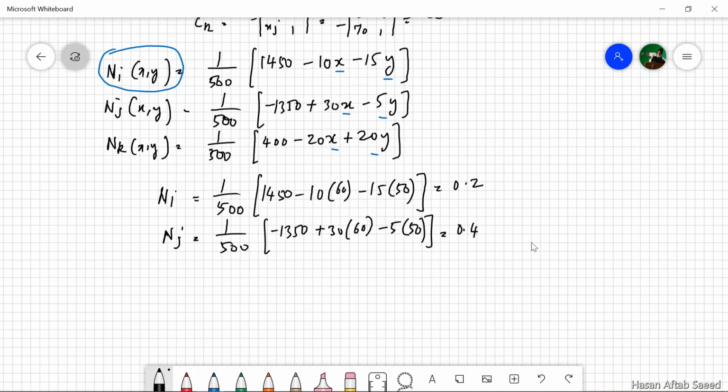But still, if we put in the values, 400 minus 20 into 60 plus 20 into 50 is, indeed, 0.4.